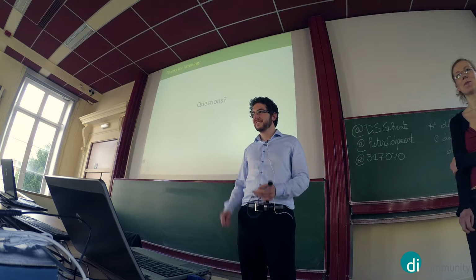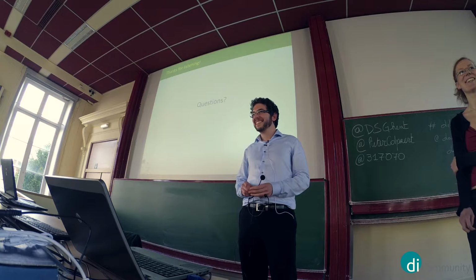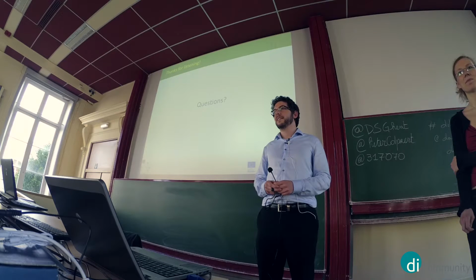Just to say that we are still in test phase, so it's not really in production. We hope to be in production in September. But the users can already seek irregularities and fraud.